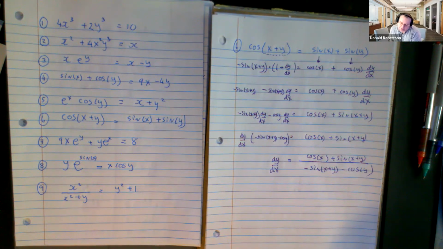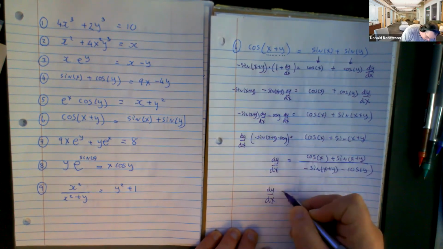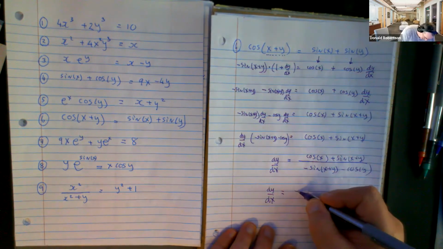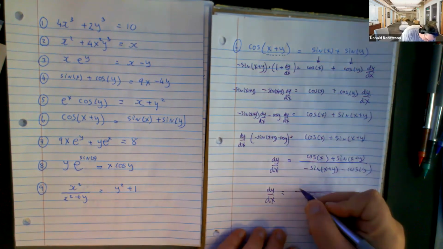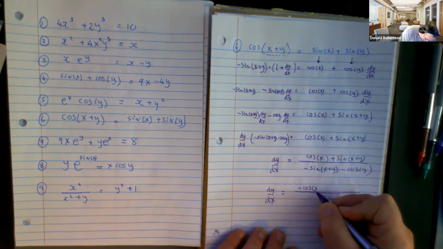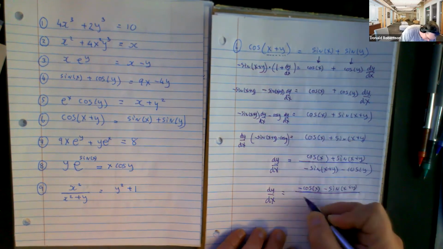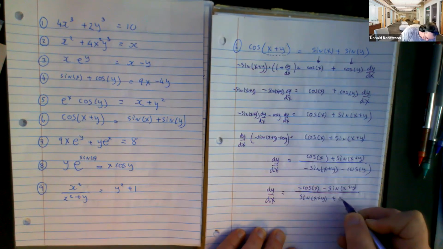I like the way that this one looks, but if WebAssign doesn't like the way this looks, I can give you an equivalent. Remember my little trick about changing the sign of everybody, right? All the pluses become minuses. So you could have a negative cosine x, a negative sine x add y, over a sine x add y, add cosine of y.